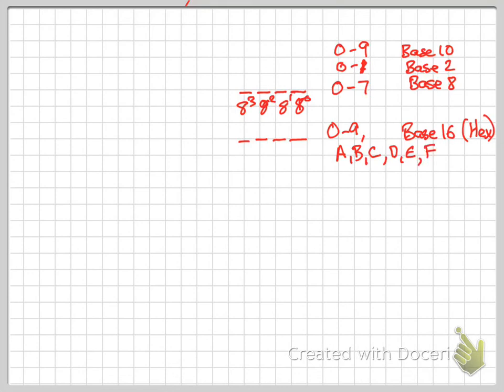So in base 16, A represents 10, B represents 11, C represents 12, and the digits are going to be 16 to the 0, 16 to the 1, 16 to the 2.